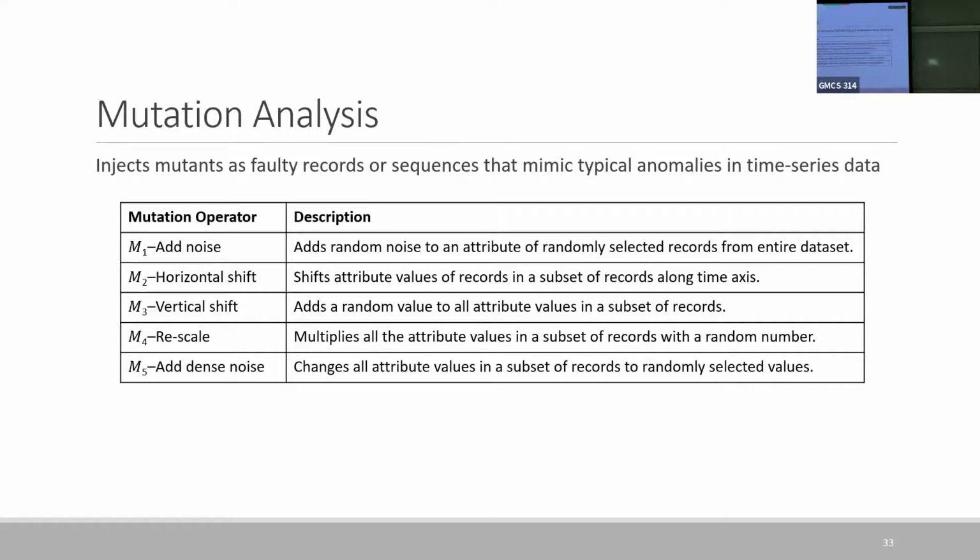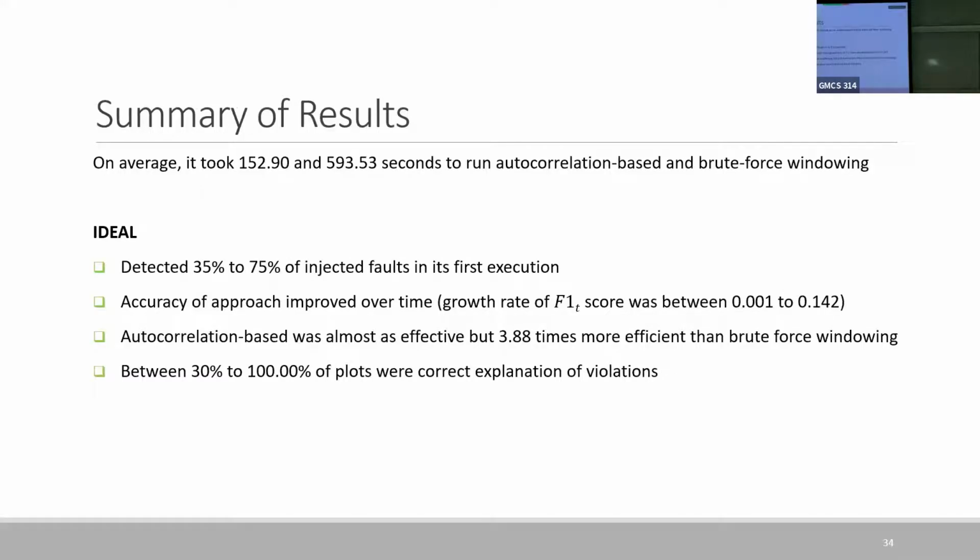We also shifted the data, for example with a horizontal or vertical shift. We rescale the data, and we also add some dense noise into a specific subsequence of data. So using those operators, we modified the data set and saw which faults our approach could detect.